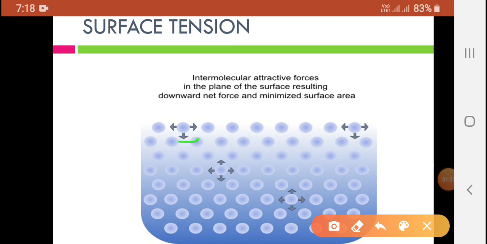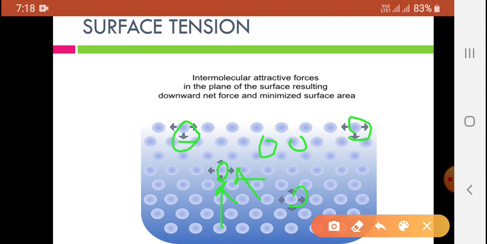For example, here is one molecule, another molecule, and so many molecules are present in the liquid substance, and each of these molecules has attractive forces which attract other molecules towards them.